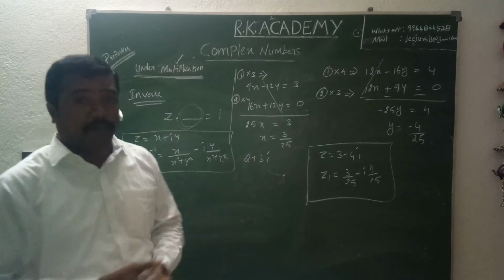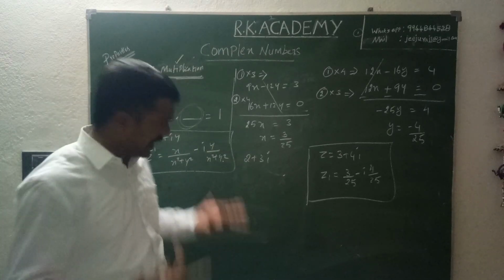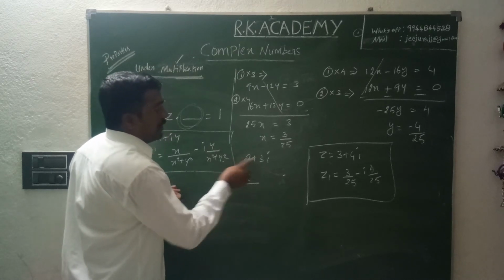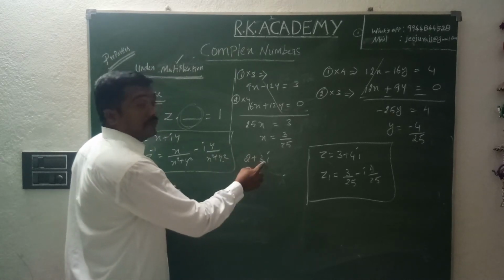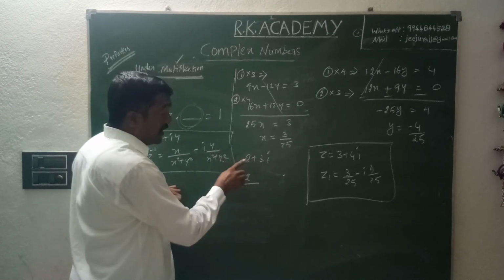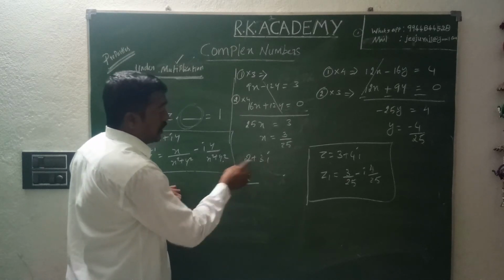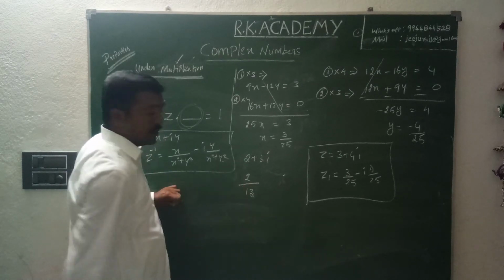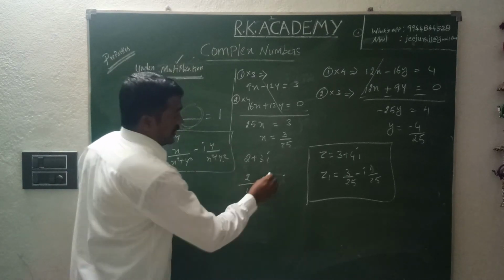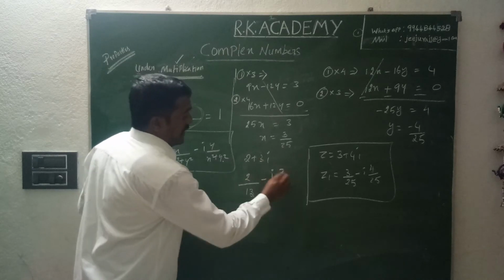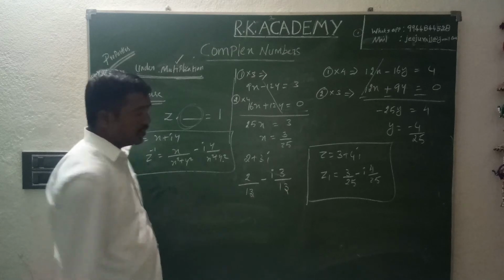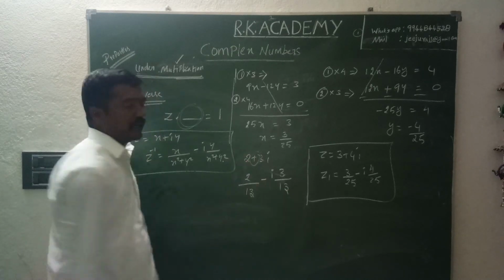What is the inverse of 2 plus 3i? You can directly write the real part, 2, by the sum of the squares, 2 square plus 3 square, 4 plus 9 is 13, minus i into imaginary part 3 by 13. If the sign is minus here, we can write plus.